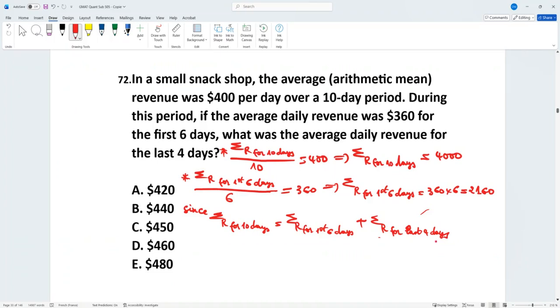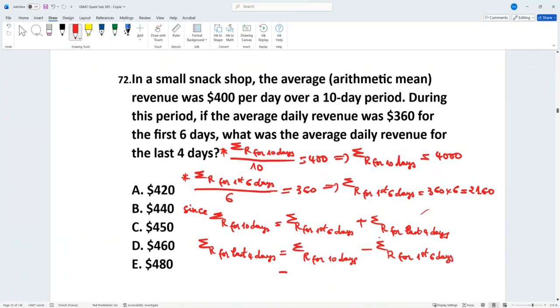So based on this operation, the sum of revenues for the last 4 days is going to be equal to the sum of the revenues for the 10 days minus the sum of all the revenues for the first 6 days, like this.